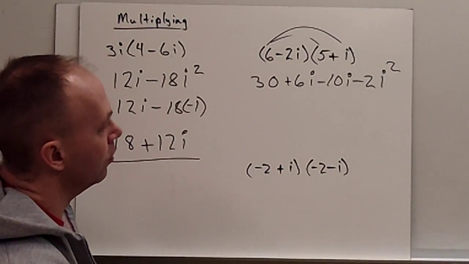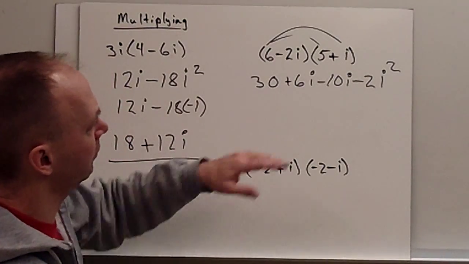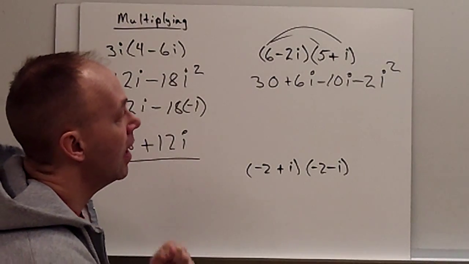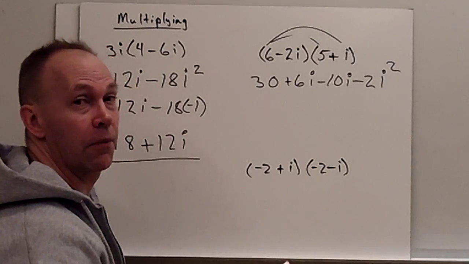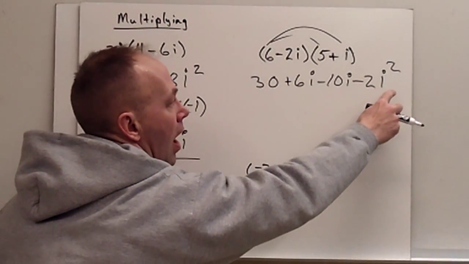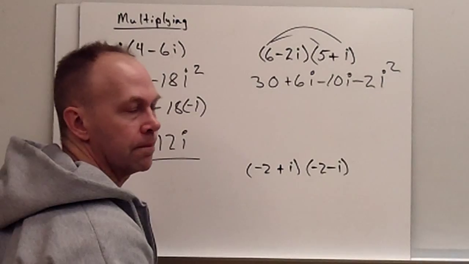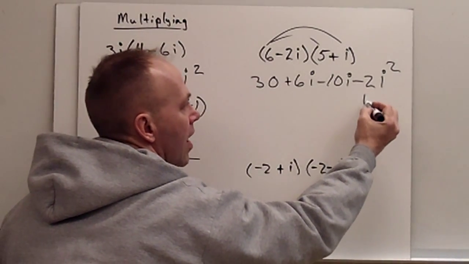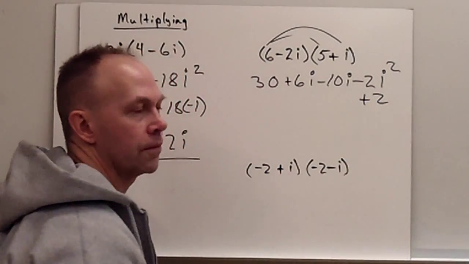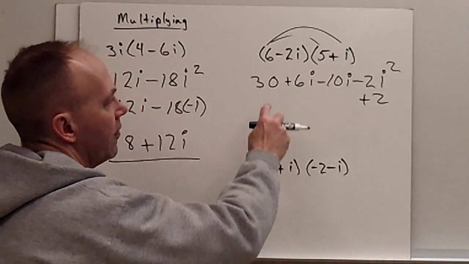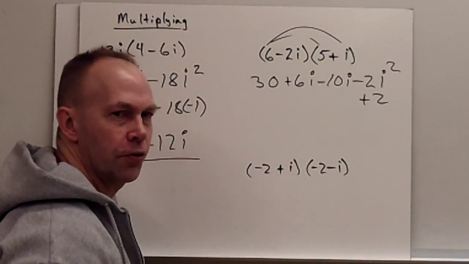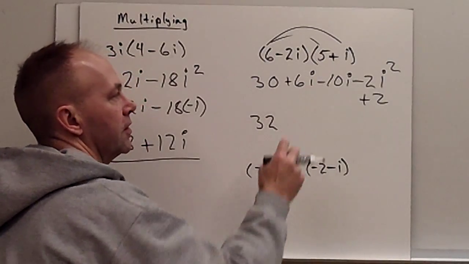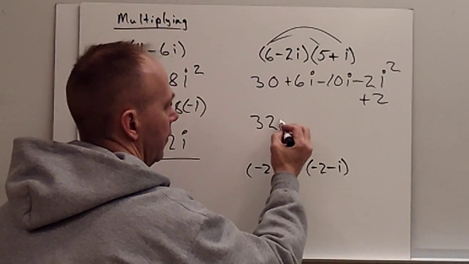Now I'm just going to combine, excuse me, before I combine like terms or like parts, I've got a higher power of i. I want to simplify that. i squared is negative 1. So I'll have negative 2 times negative 1. That becomes a positive 2. So now I've got real parts 30 and 2 I can combine. And my imaginary parts 6i minus 10i, negative 4i.